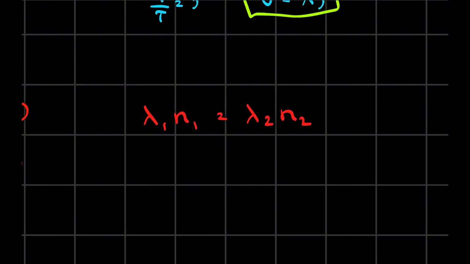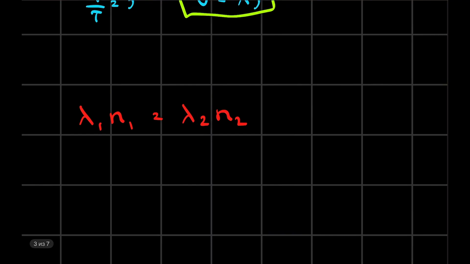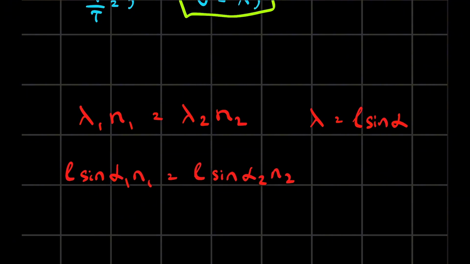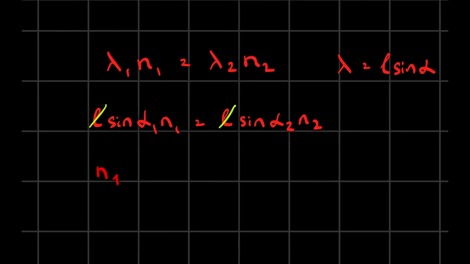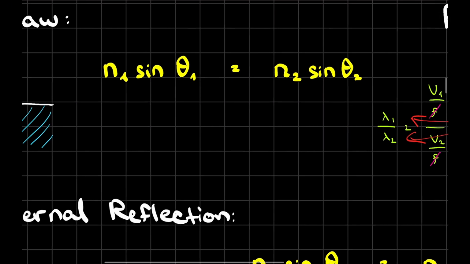There is also one interesting rule which we are going to talk about in the wave optics chapter, and this is lambda equals L sine alpha. If we apply it, L is again constant, it's the same length, and we have L sine alpha 1 and L sine alpha 2. If we just cancel L and L, we've got exactly what we need. This is n1 sine, let's write not alpha but theta 1, equals n2 sine theta 2. That's exactly what Snell's law is.